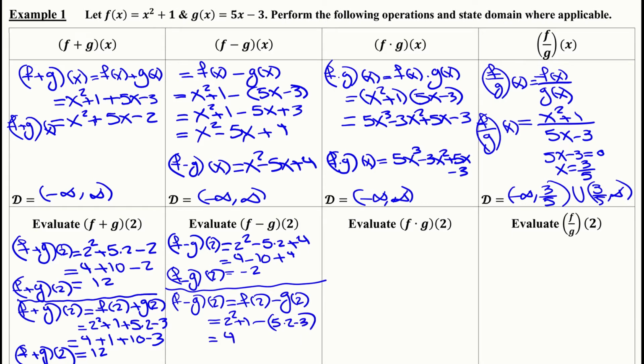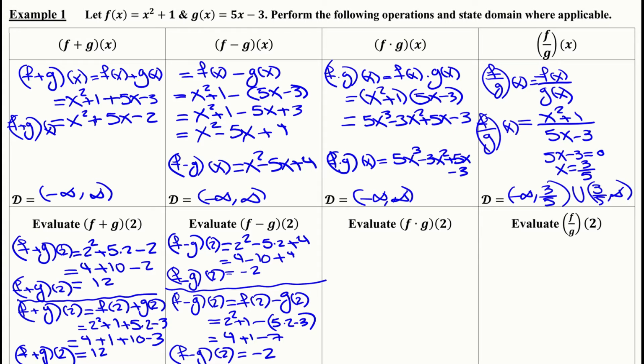So we end up with 4 plus 1 minus, that's 10 minus 3, which is 7. So that's 5 minus 7, which is, again, not surprisingly, negative 2. So we end up with, once again, f minus g of 2 equals negative 2, in agreement with our indirect approach by first computing f minus g of x and then evaluating for the specific input 2.